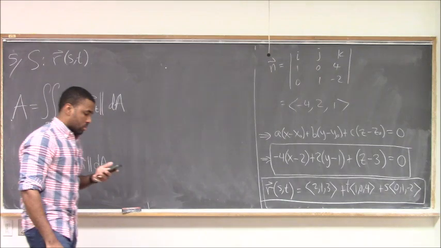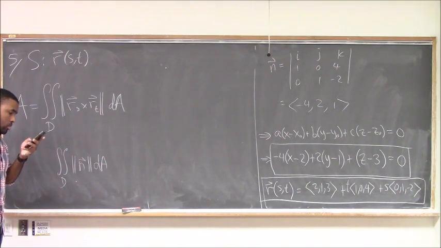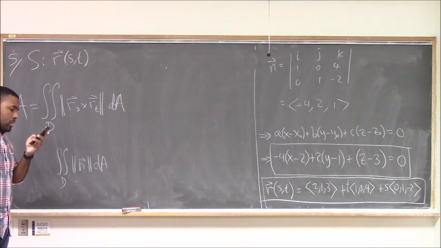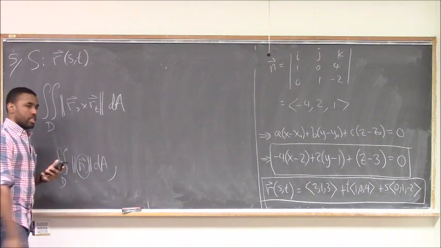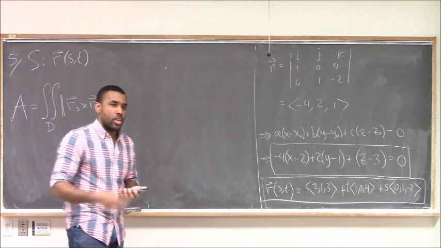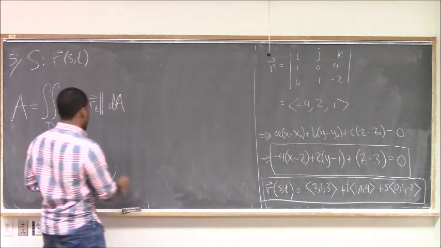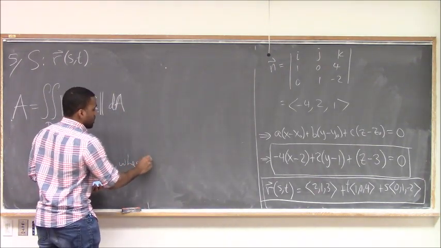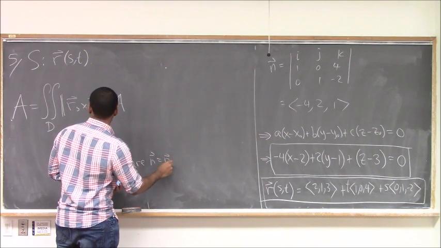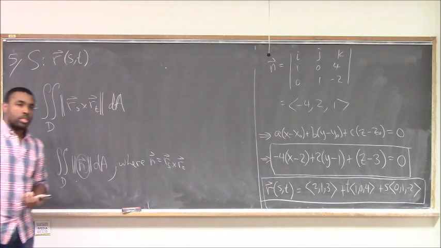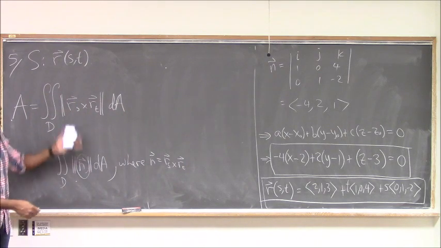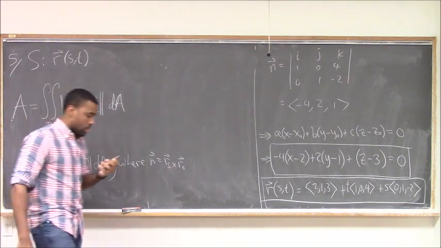Just to specify the things that are not defined. Yeah, so it says if you use any symbol not in the question, define it. Which means if you use n, you would have to add a sentence telling me that you know how to compute n and say what n is. So you can say where n is r_s cross r_t, or tell me some other way. Say n is the normal vector, and this is how you compute it based on those variables.